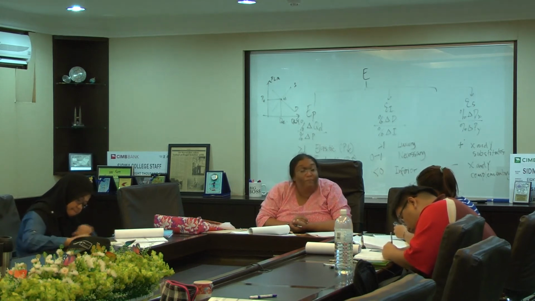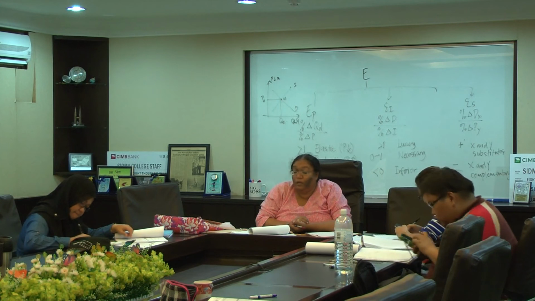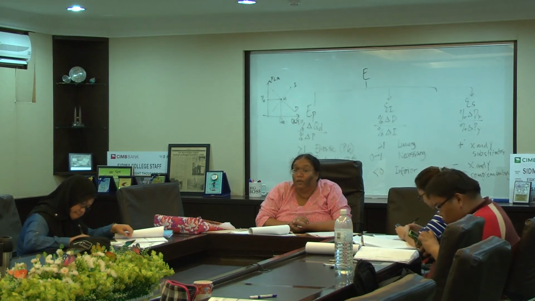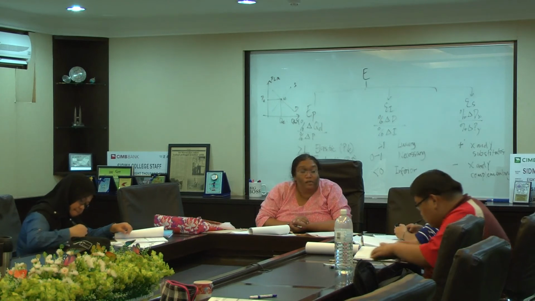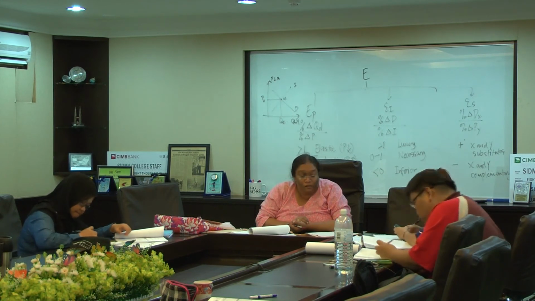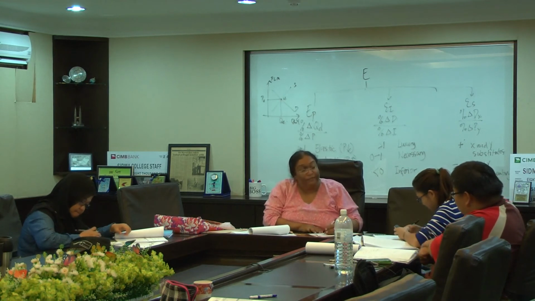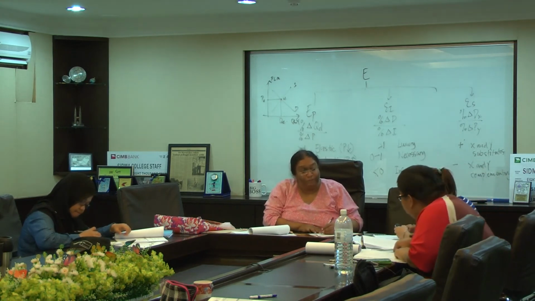How much is it? 5 minus 11 divided by 11, times 100.